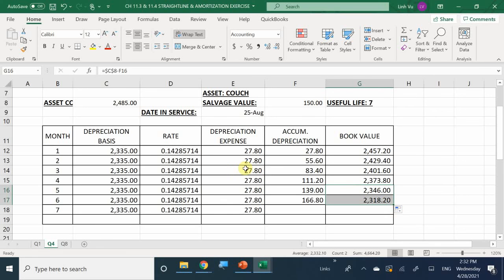And then last but not least, for the seventh month, what's my accumulated depreciation going to be? 194.60, I mean 190 4 and 60 cents. Okay, good. And lastly, what's my book value? 22.90 and 40 cents.